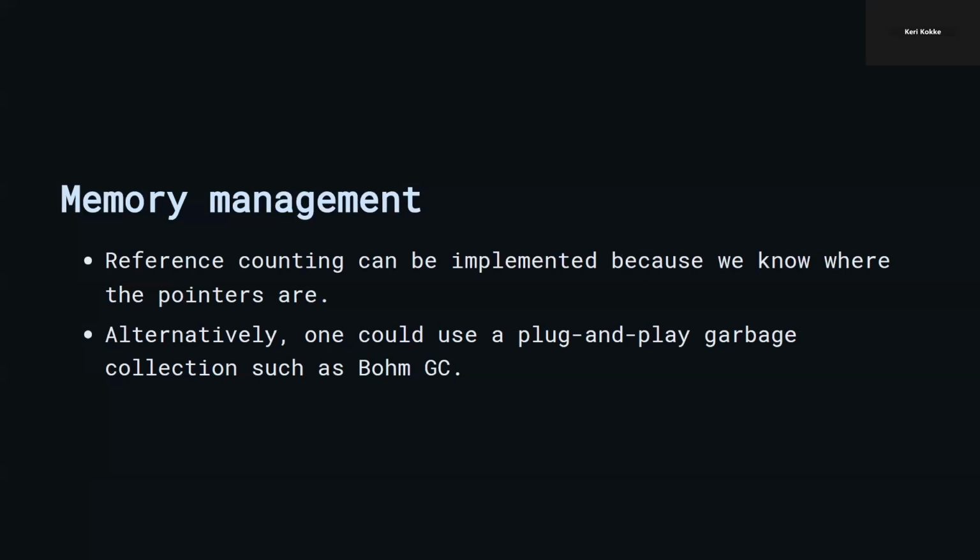I haven't talked about memory management, but basically we can implement reference counting with the system because the layouts tell us where all the pointers are. Alternatively, we could also use plug-and-play garbage collection, such as the POMGC, or whatever other way you want to manage memory. For our implementation, we're just thinking of using reference counting.